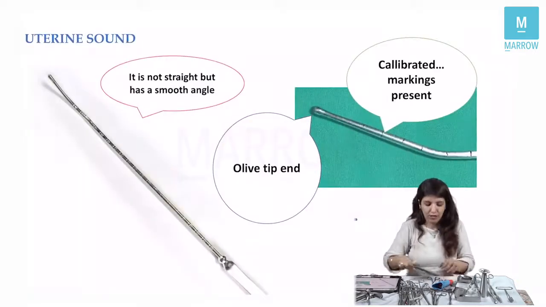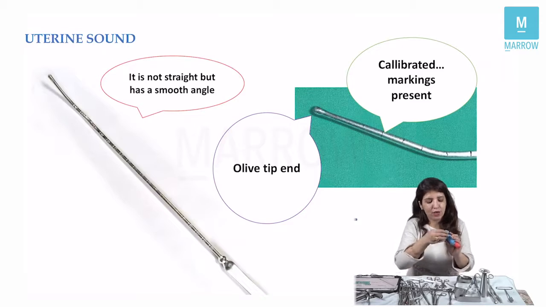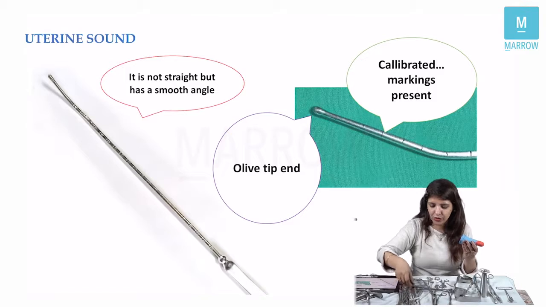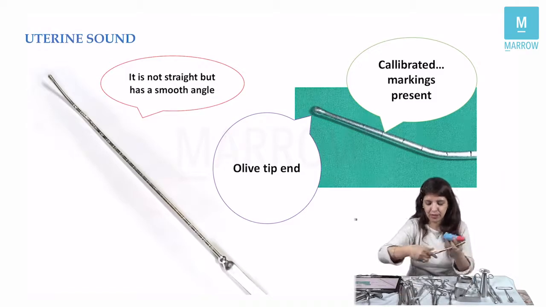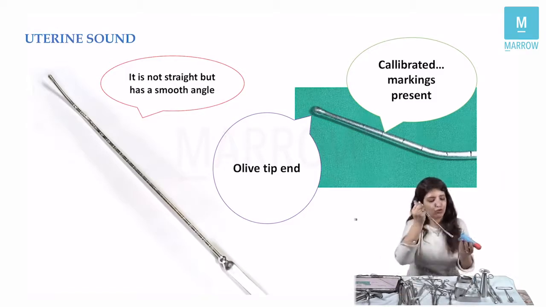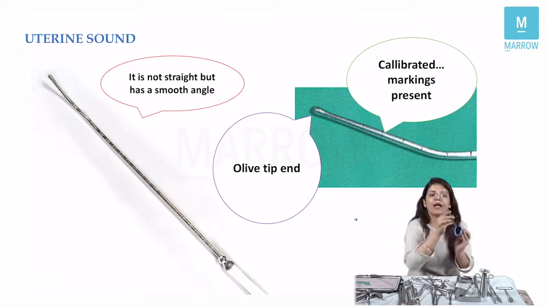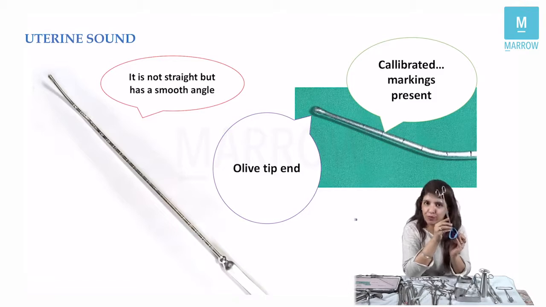Now, once you have held the anterior lip of the cervix with the vulsellum, suppose you have to do a dilatation and curettage, or you have to do MTP by suction evacuation. In either case, whenever you have to insert any instrument inside the uterus, there are 2 things you should be sure of.